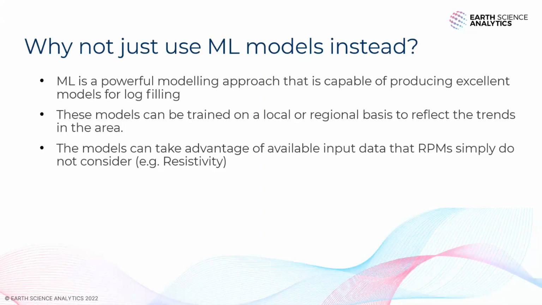But machine learning models will take any log that you give them, and if they're useful to the prediction, they will use them. So machine learning models can take a much larger amount of input data, factor that all into the calculation, and hopefully could come up with a better constrained and more detailed prediction as a result.